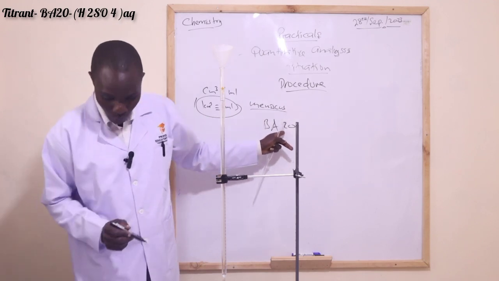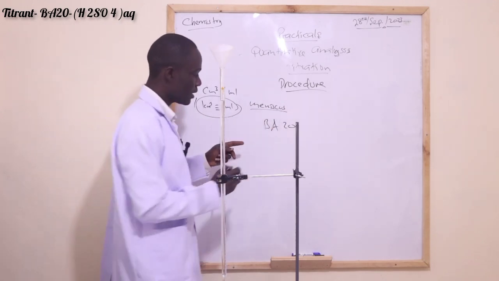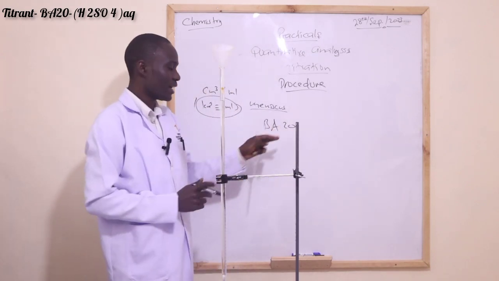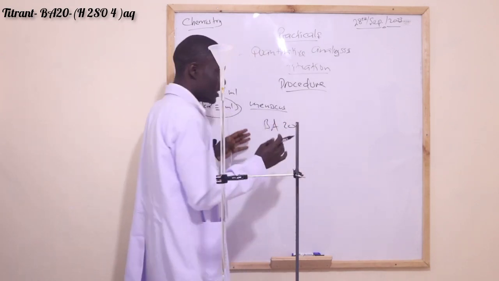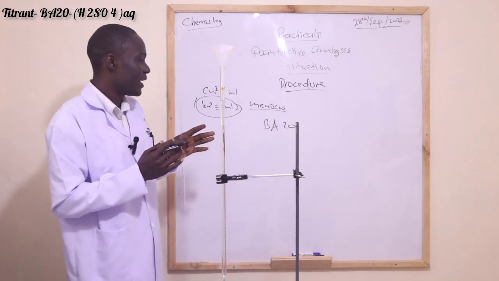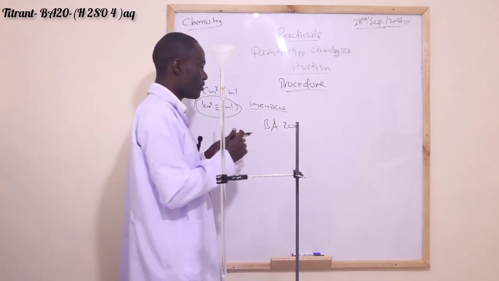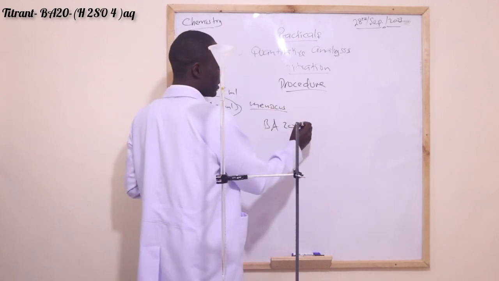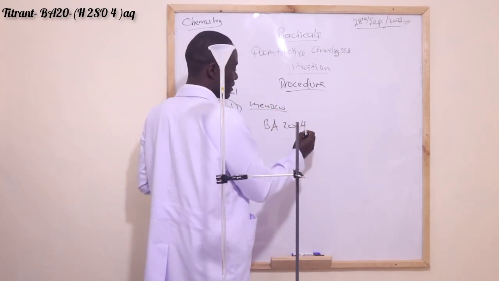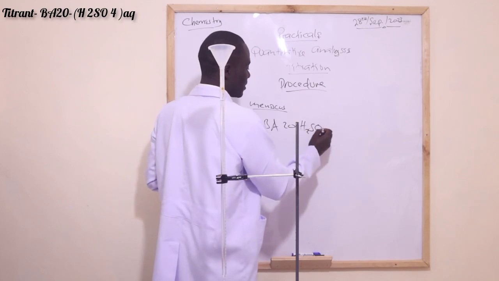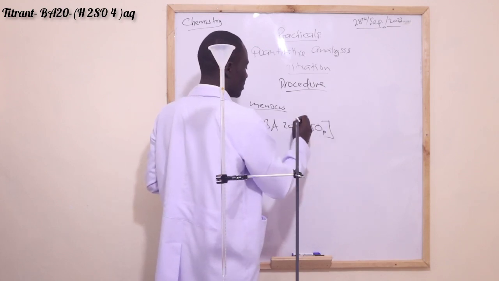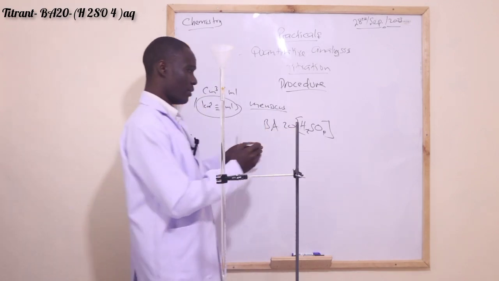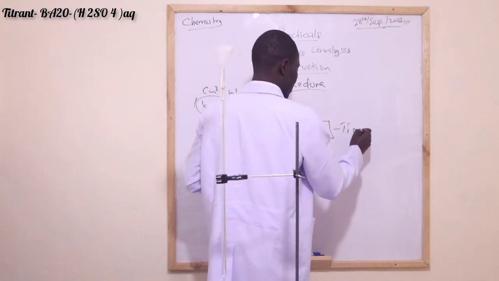BA20, our titrant, contains, in terms of the content, whatever was used to prepare it, sulfuric(VI) acid, the chemical written this way. So that's what is used to prepare our titrant.